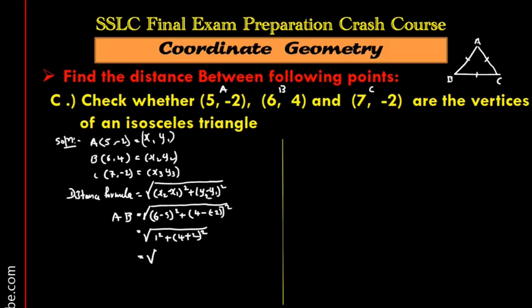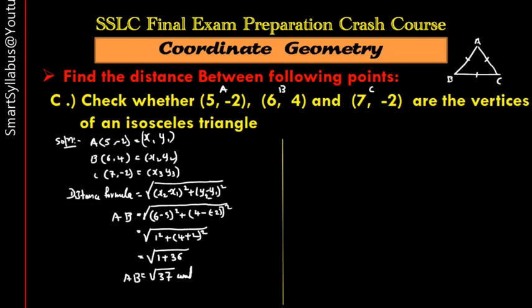That's equal to the square root of 1 square is 1, plus 4 plus 2 is 6, 6 square is 36. Therefore, the square root of 36 plus 1 is 37. So we got AB is equal to root 37 units. Root 37 is a prime number, so we cannot split it into a product of a square number and some simple number. So this is the final answer for AB.